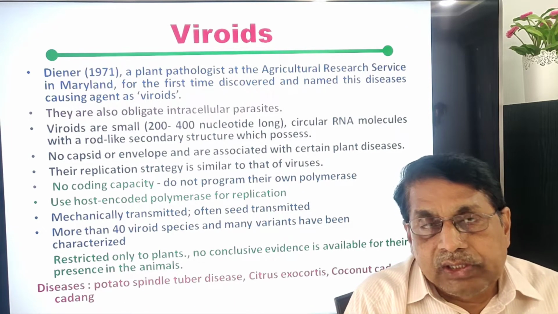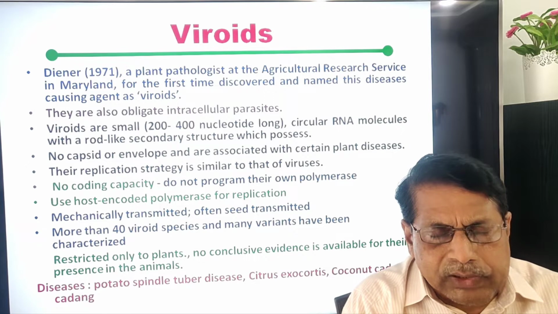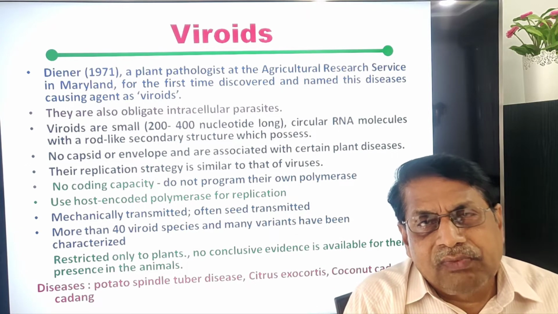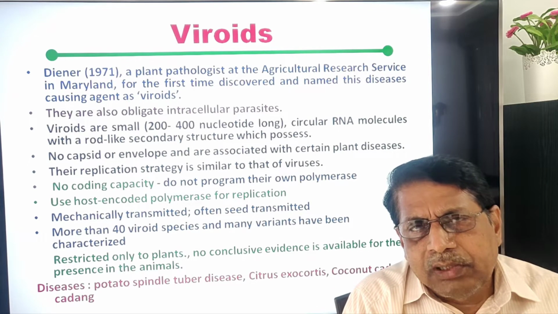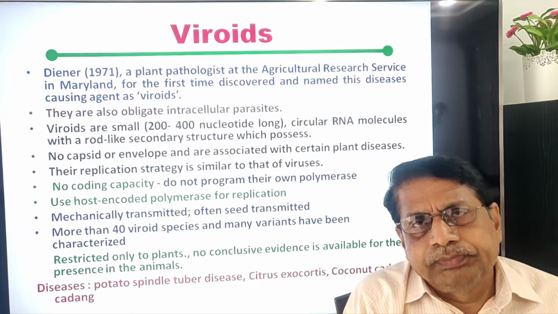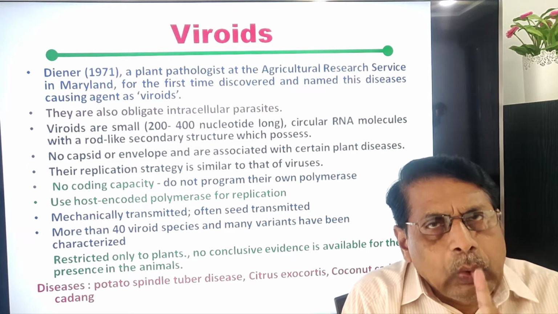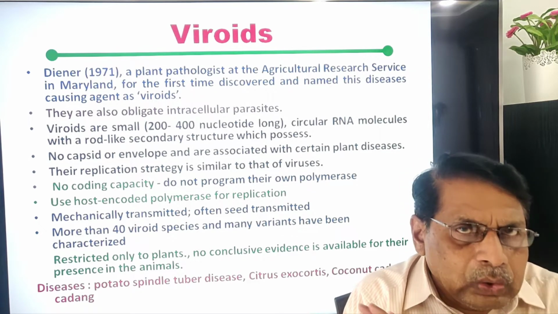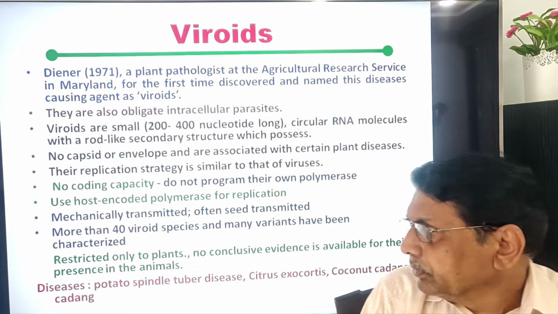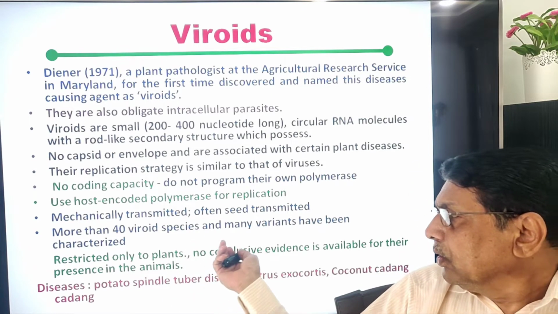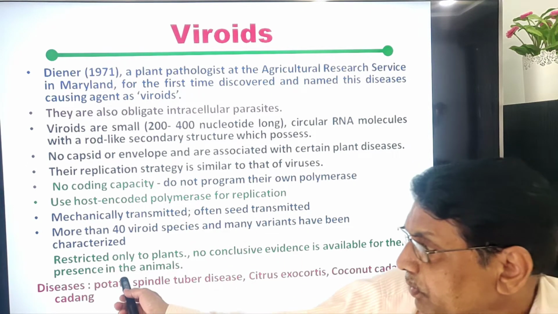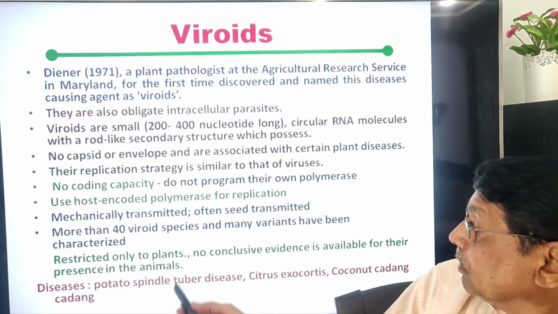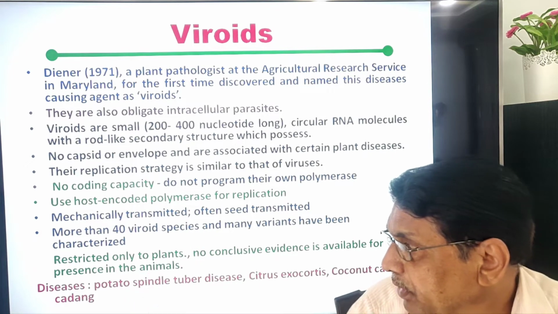Remember, viroids infect only plants, but viruses infect plants, animals, bacteria, fungi, algae. These infect only plants. They contain RNA, no capsid, no envelope. No conclusive evidence is available for their presence in animals.